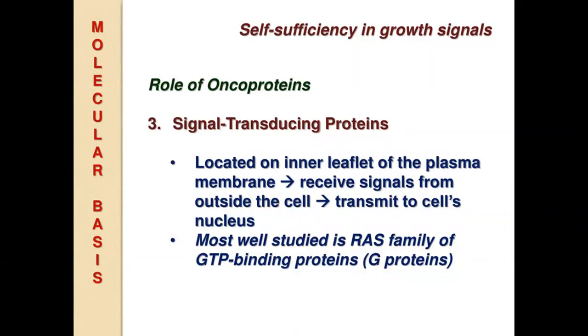The third step in self-sufficiency in growth signals is the signal transducing protein. These are located on the inner leaflet of the plasma membrane, receive signals from outside the cell, and then transmit them to the cell's nucleus. Most well studied is the RAS family of GTP binding proteins, or the G proteins.